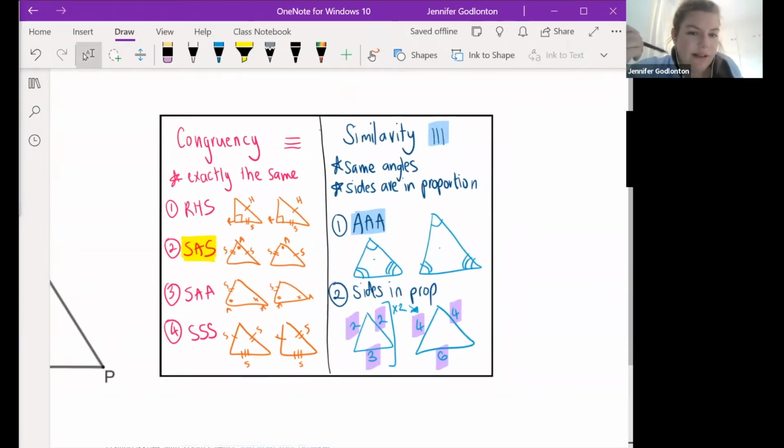And the only reason I suggest you write it as SAS instead of SSA is so that you remember that the angle has to be between our two sides. It has to be sandwiched between our two sides. That's the only reason I recommend you write it as SAS. You absolutely can write it as SSA. That's the reason I write it as SAS. Okay.